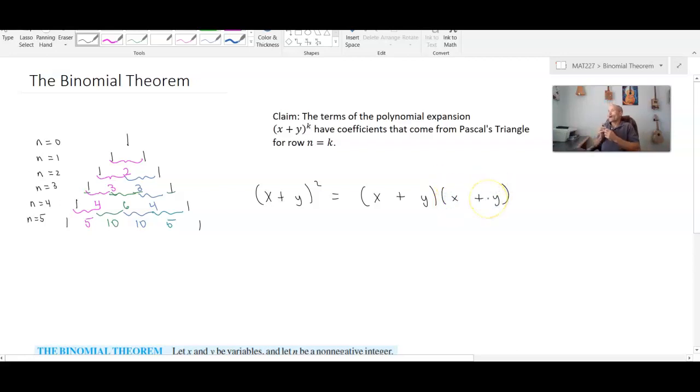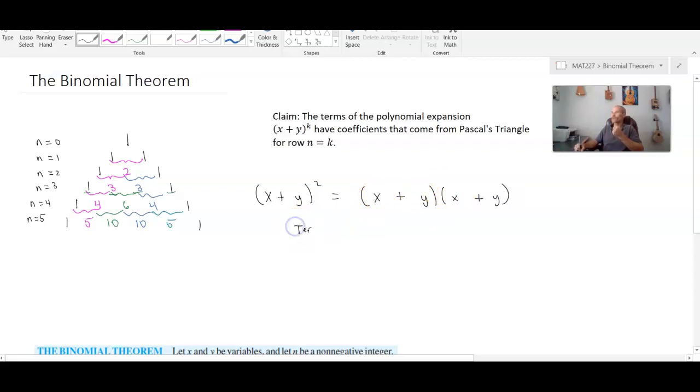So here I have the unexpanded form of this product. x plus y squared is the product of x plus y and x plus y. Now, for a moment, rather than actually doing all this distribution, the types of terms that we're going to have is, first of all, a product between x and itself.